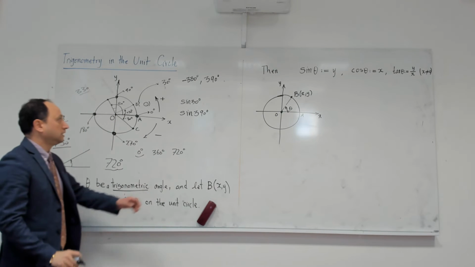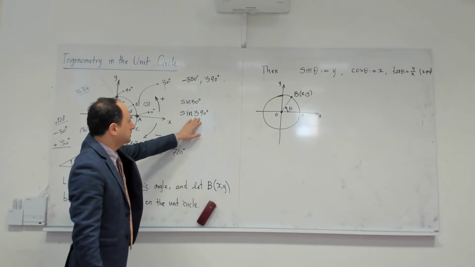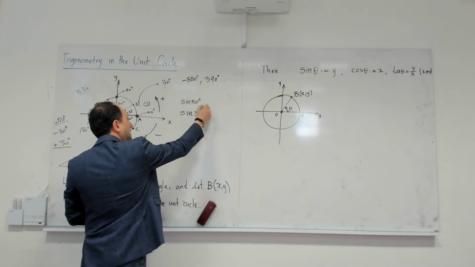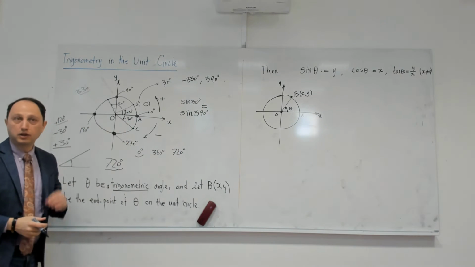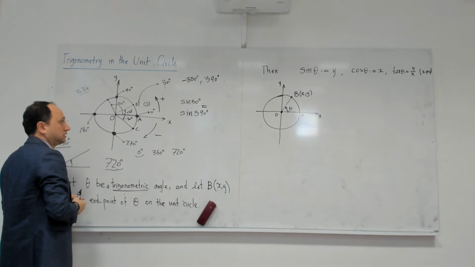Of course, you don't know sine of 30, you don't know sine of 390 degrees, but if you understood what I said, you know that they are equal. Why? Because 30 degrees is different from 390 degrees, of course.